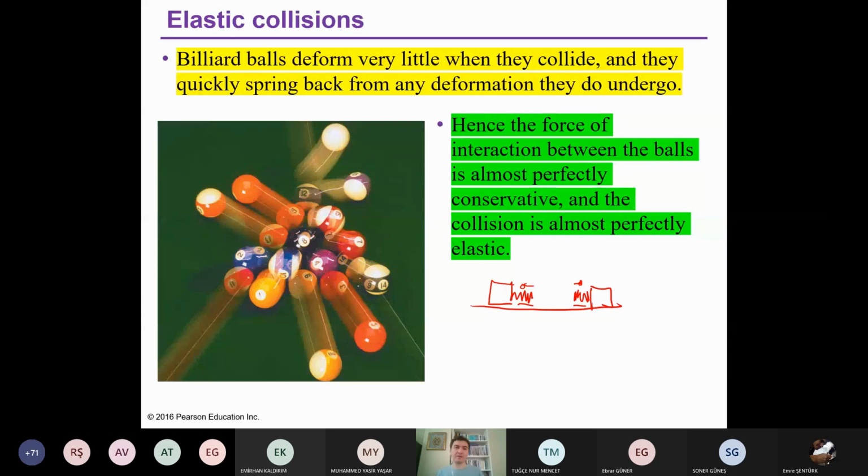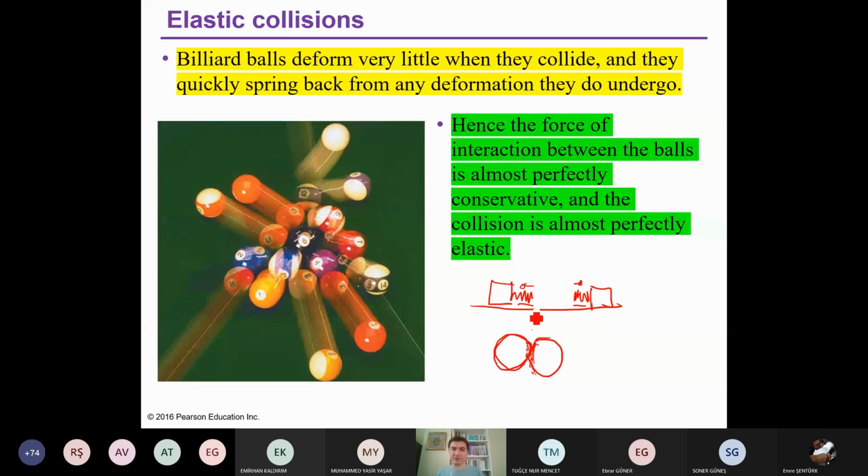So what will happen if you have two billiard balls and they collide? They deform a little bit during the collision. Some deformation is produced here, but this can be repaired, let's say, like springs.